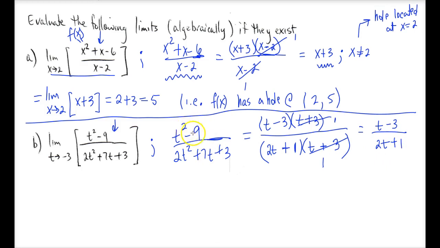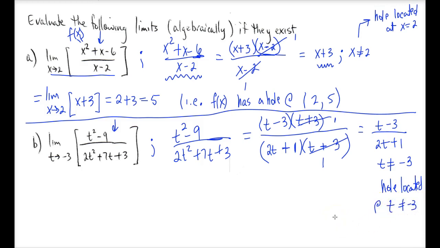And again, what we're saying is that the function we started off with is going to act just like this function, t minus 3 divided by 2t plus 1, but we know that t is not allowed to equal negative 3. Put another way, there is a hole located at t equals negative 3.